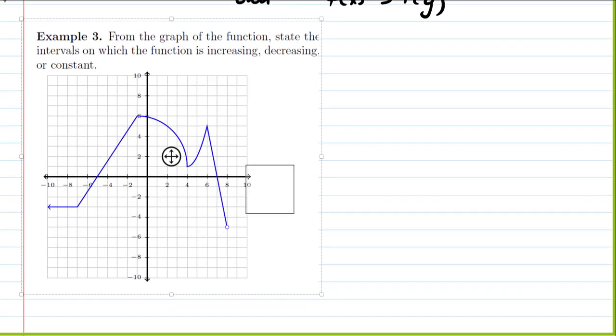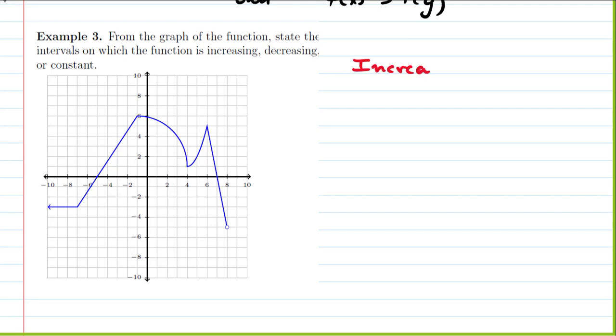So from the graph of the function, state the intervals on which the function is increasing, decreasing, or constant. So let's start with increasing. That means anywhere it's increasing is where it's going up as we move from left to right.